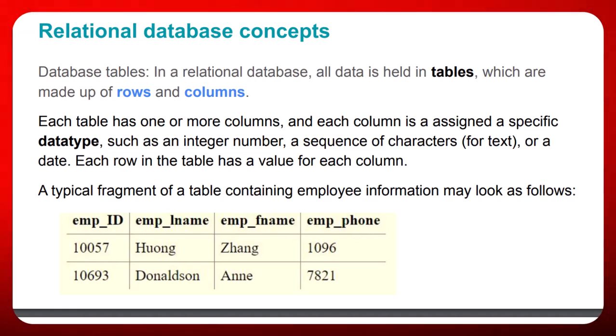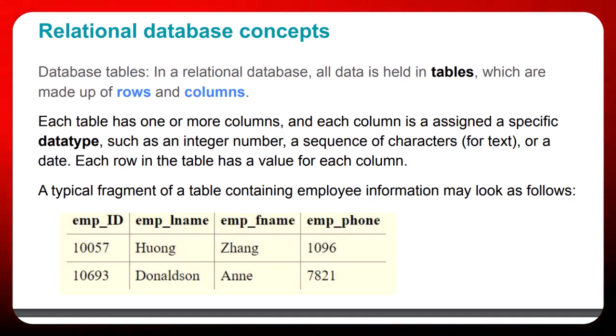We do have salaries, which is going to be a float data type, etc. So each row in the table has a value for each column. Let me say each record would have a value for each feature. A column means a feature or attribute, depending on the project.